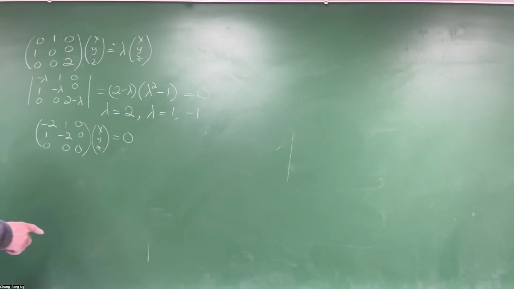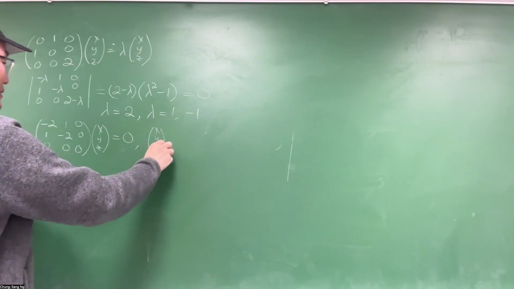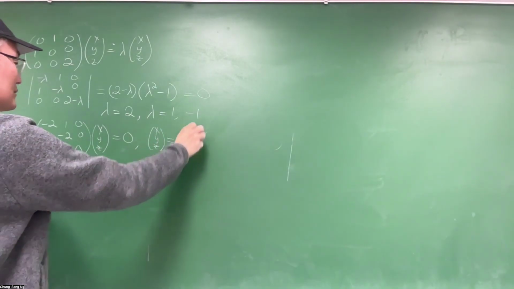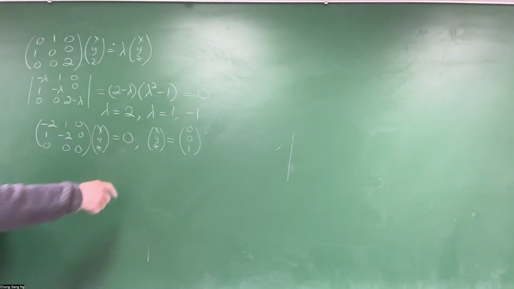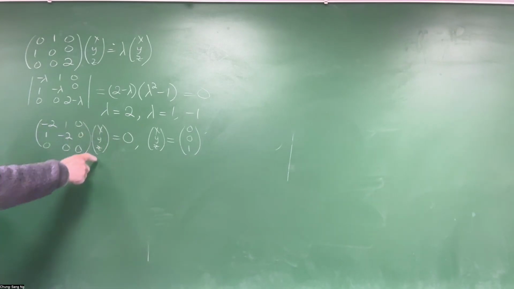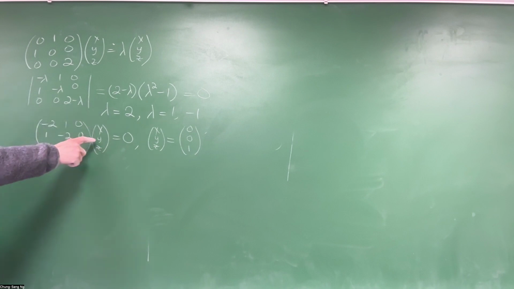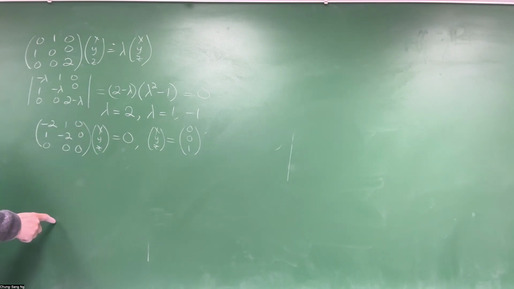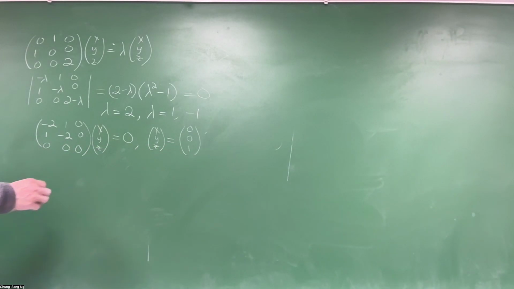So you can say x, y, z is 0, 0, 1, which is already normalized. The first one is straightforward, just by inspection: if you choose x and y to be 0, you already satisfy the first 2 equations, and the last one is arbitrary, so you can choose it to be 1 so that it's normalized. That is trivial. This is lambda equals 2.